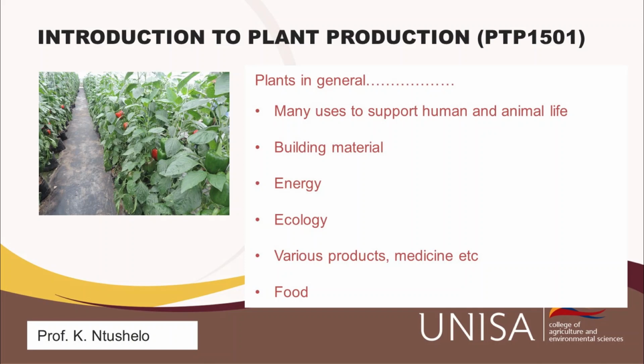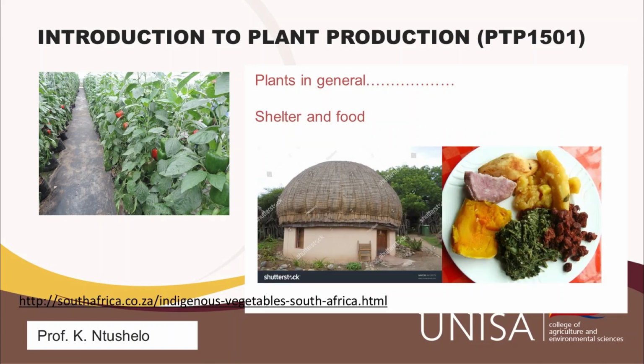From plants, we get various products like fiber, like medicine, and so forth. And most importantly, we use them as food. I've shown you an illustration of the uses of plants. We use them as shelter. We use them as food.